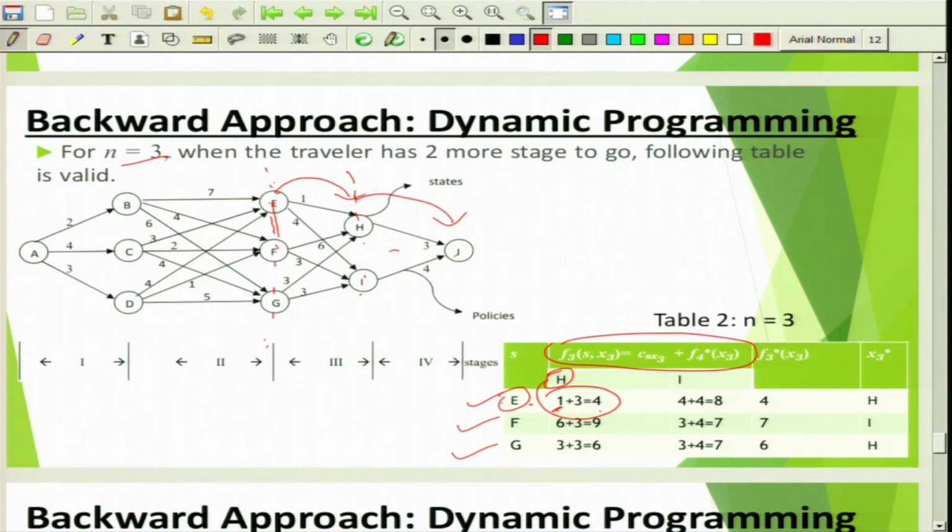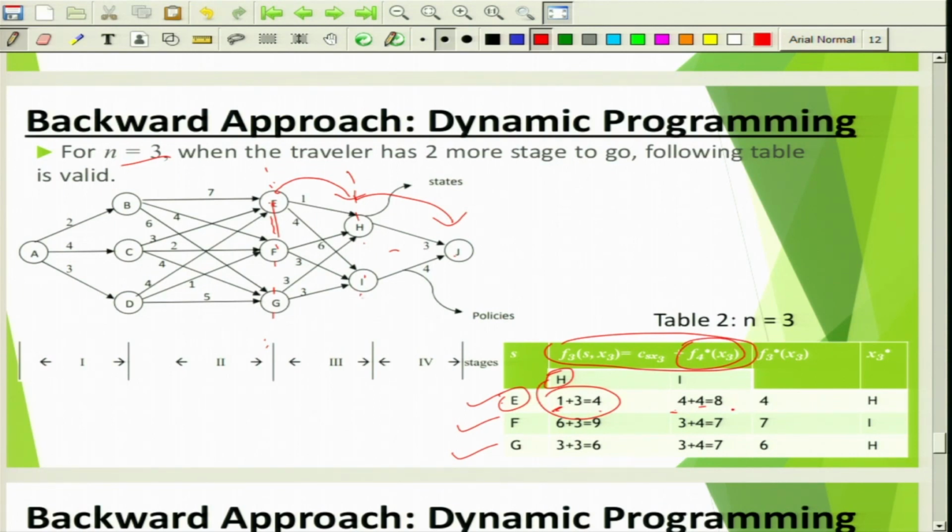Let us say you are interested in moving to stage I starting from point E, then what is the cost? E to I is 4, and from I to J the most minimal is 4, from this point onwards.